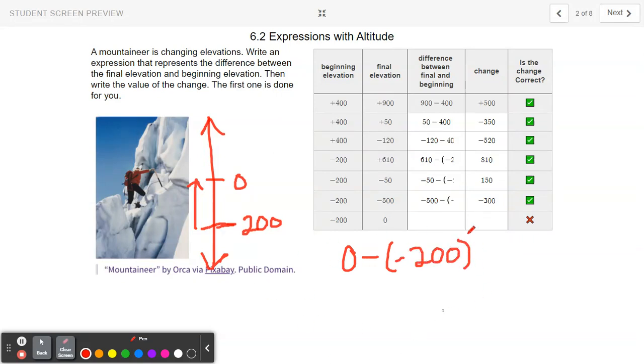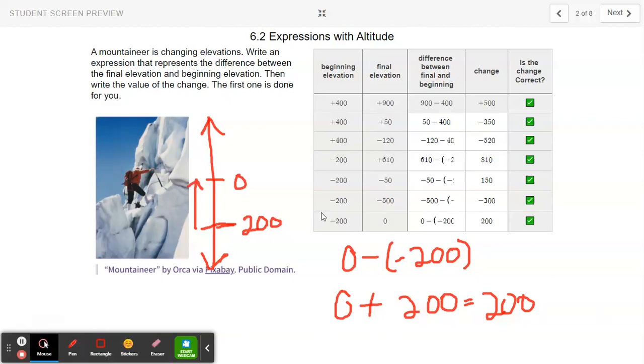I know I can turn any subtraction problem to addition simply by starting with the same amount and adding the opposite. So I'm adding 200, and 0 plus 200 is simply 200. So let's check that out in the answer. And it does work out. All right, so let's check out the next slide.